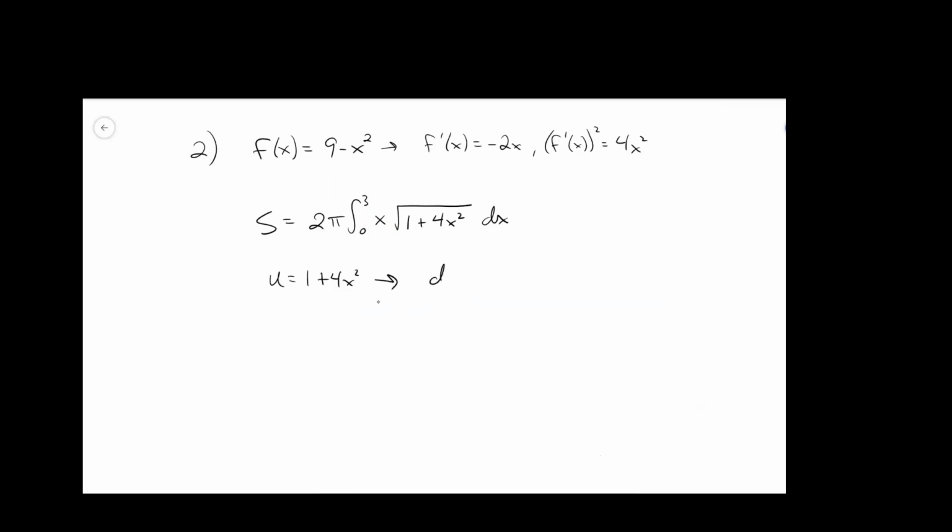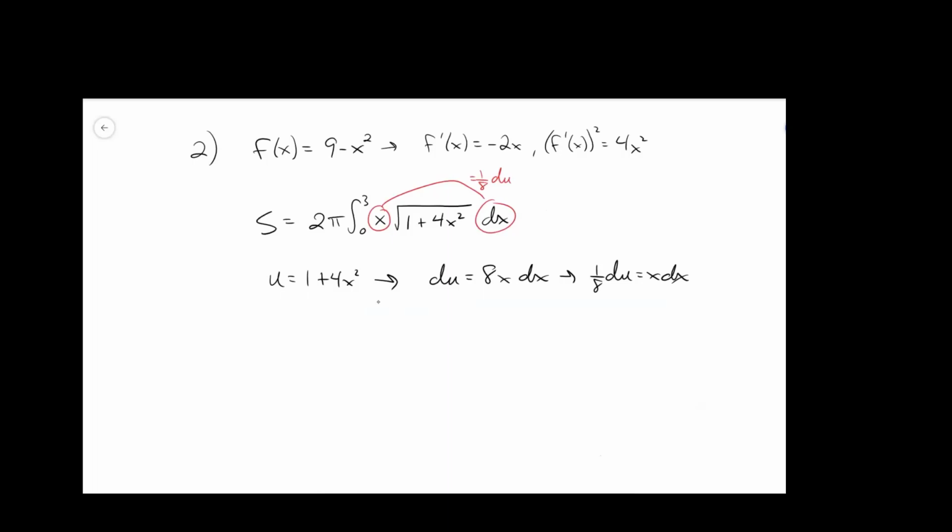And so then du is just 8x dx. And there is the x dx, right? That's why having that x there is nice, because the du takes care of it. Okay, and so then we'll just divide both sides of this by 8. So again, you see this x dx together, those two together become the 1/8 du.